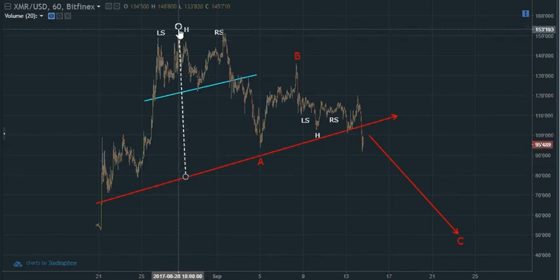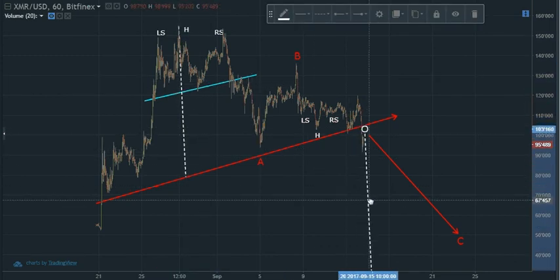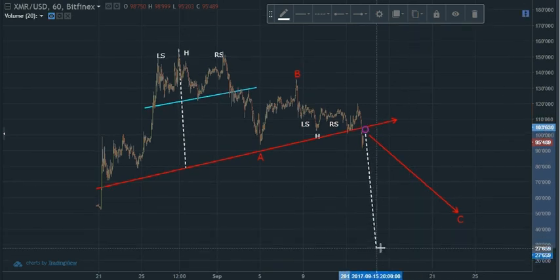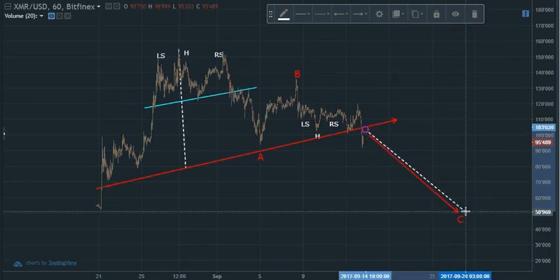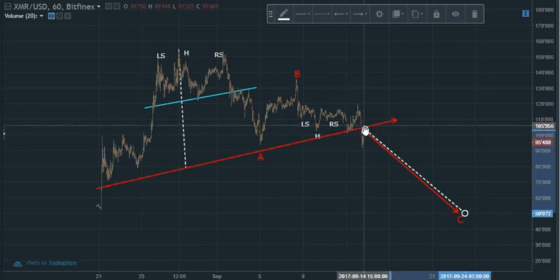I don't even usually calculate it. I just draw the line from the peak of the head to the neckline, and I copy that and bring it from here. That's not an accident. Okay, we're at the point it takes the breakthrough to the neck.